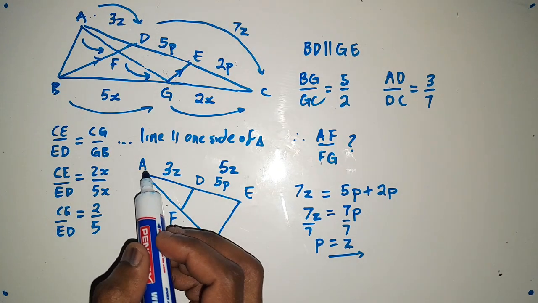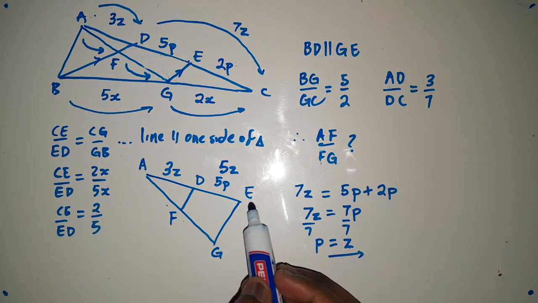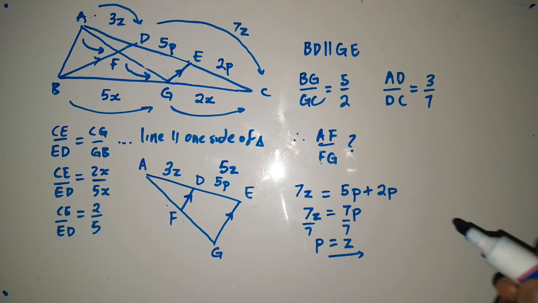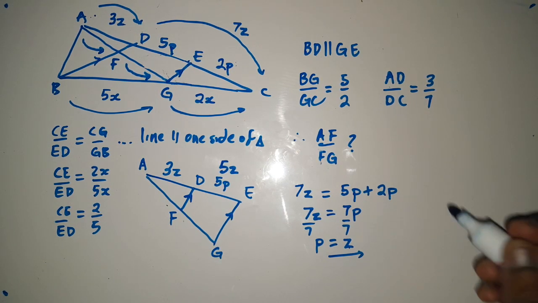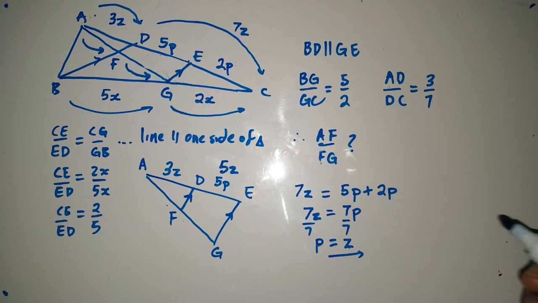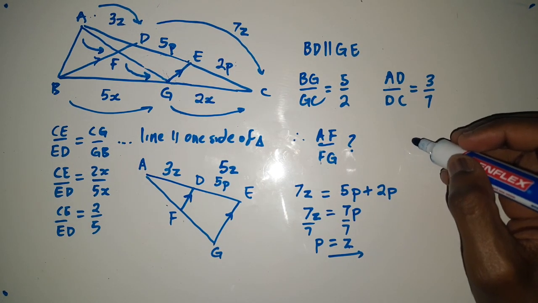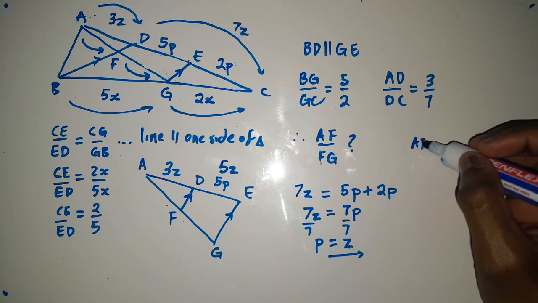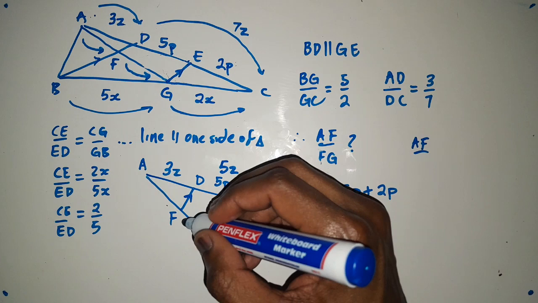Now we have 3z, 5z. And we know that these two lines are parallel. We can then say AF, they want us to find the value of AF divided by FG.